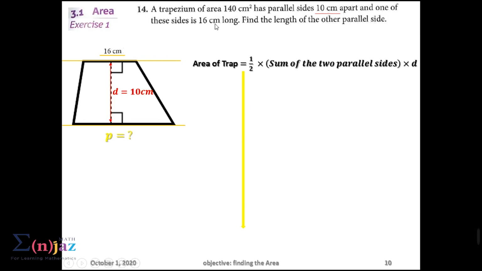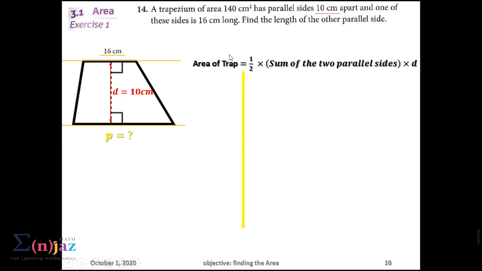And the vertical distance between the two parallel sides is 10, and one of the parallel sides is 16 centimeter. So all dimensions are in centimeter, so there is no need for any conversion, which means we can substitute directly in the rule of finding the area of a trapezium.